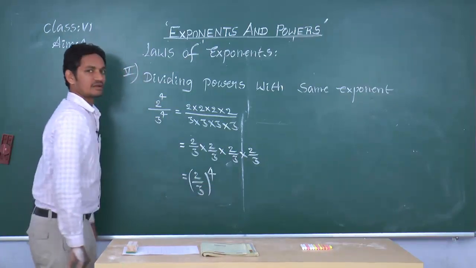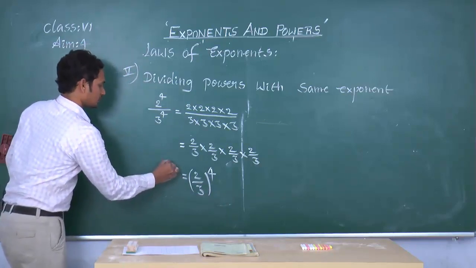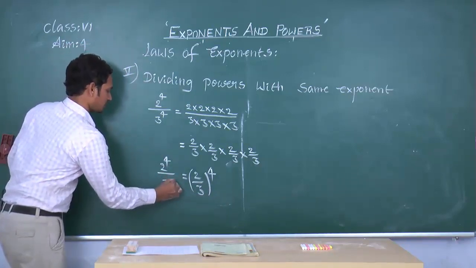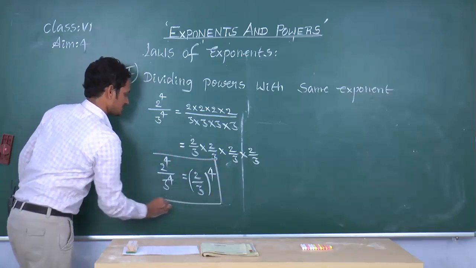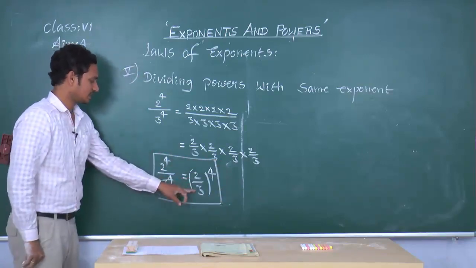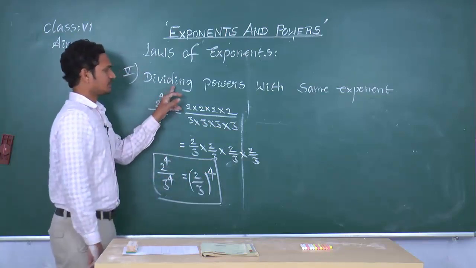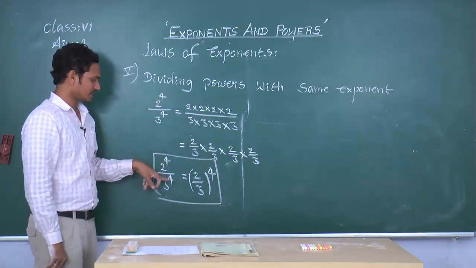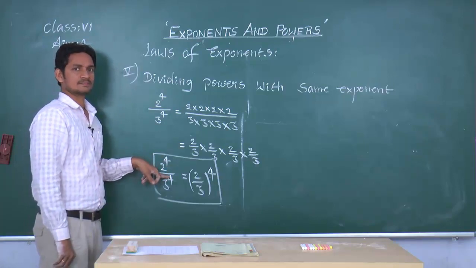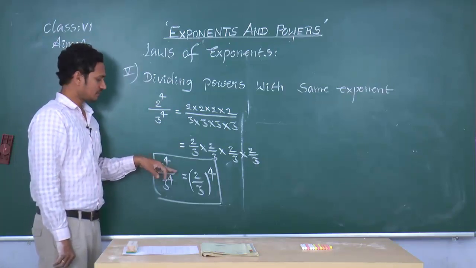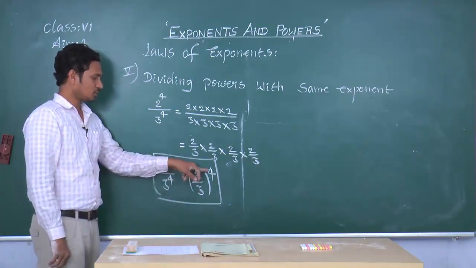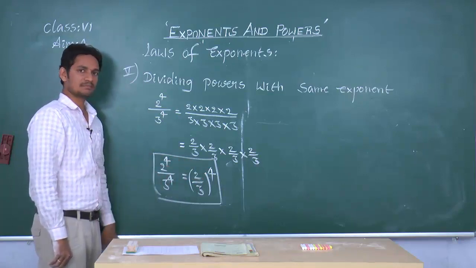Finally we can observe 2 power 4 by 3 power 4 can be written as 2 by 3 whole power 4. So while dividing powers with the same exponents, we can convert it as 2 by 3 whole power that same exponent.